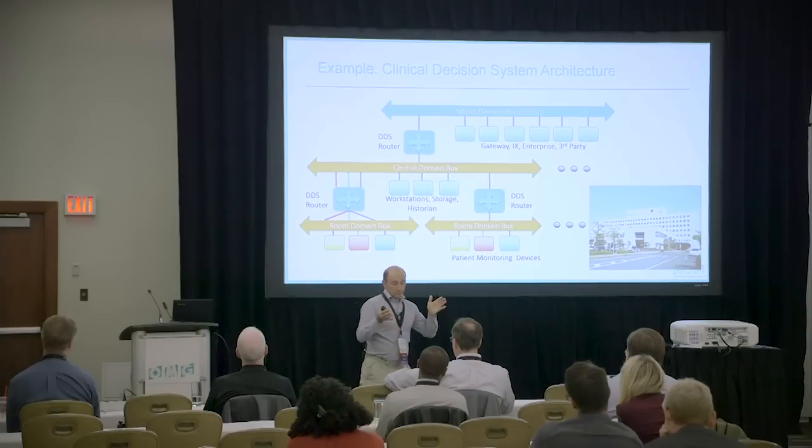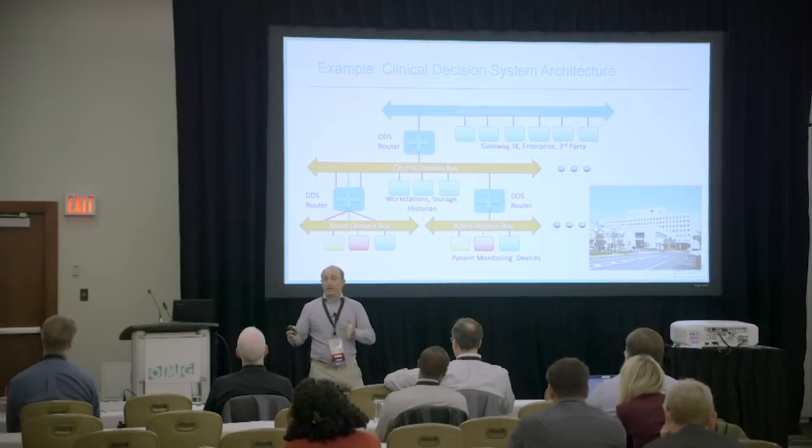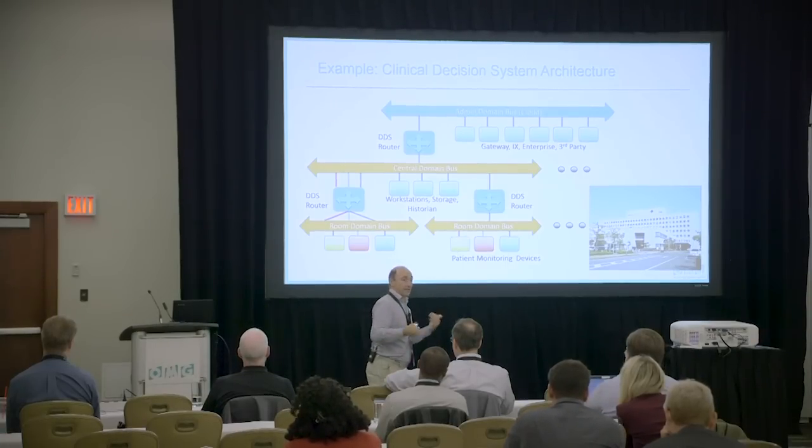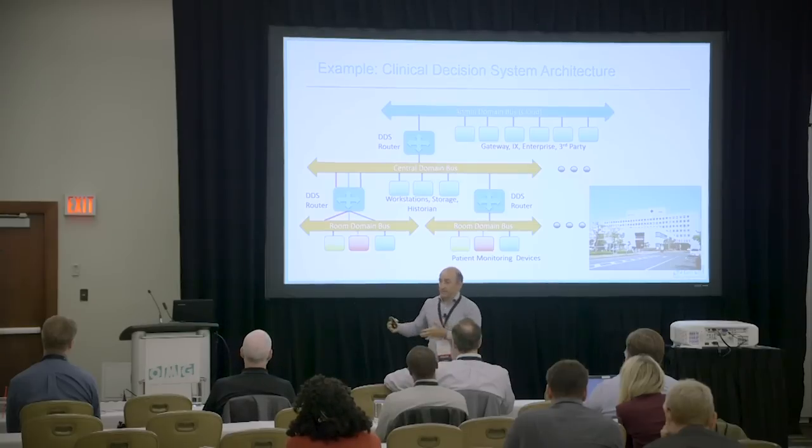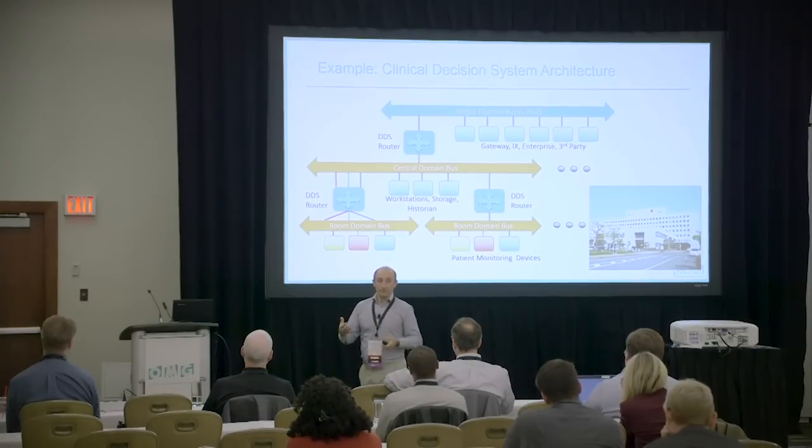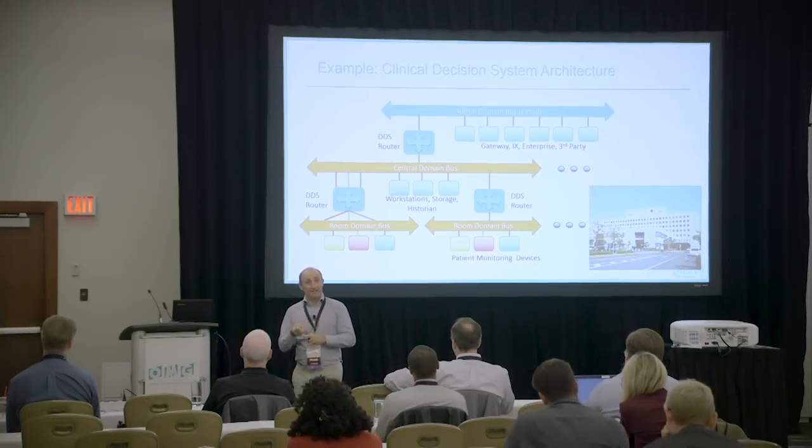In fact, this type of architecture is even being deployed now for emergency response. As the ambulance goes to an emergency situation and takes on a patient, they start administering care, right? And as they drive to the hospital, the hospital needs to know what has been done to this patient.